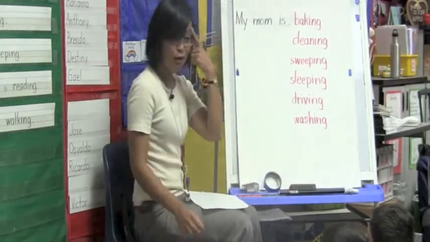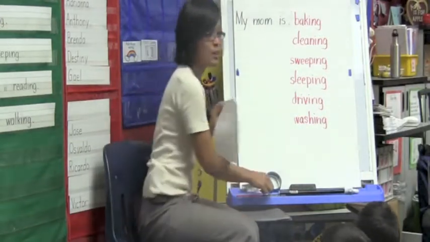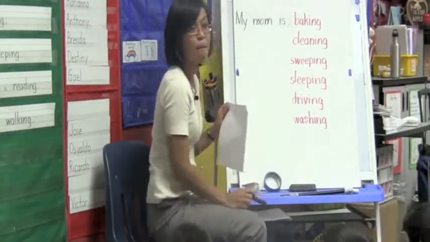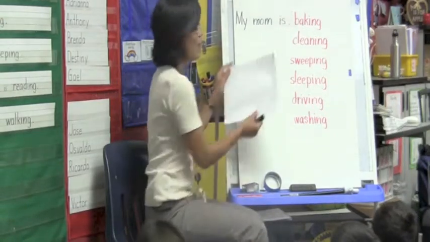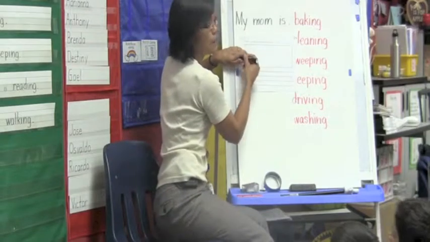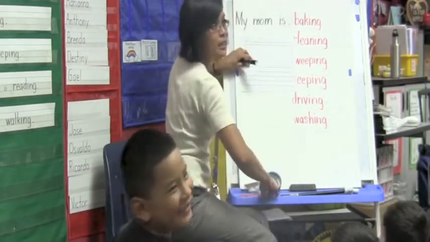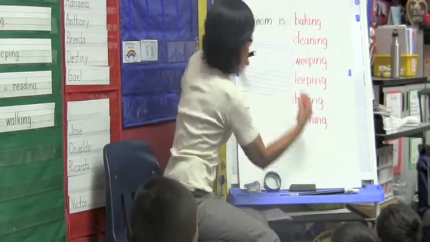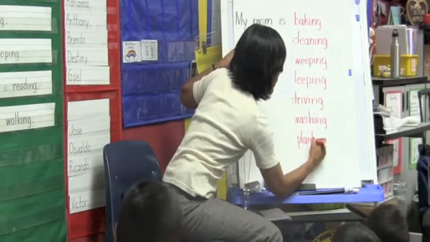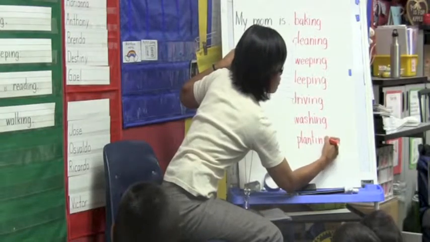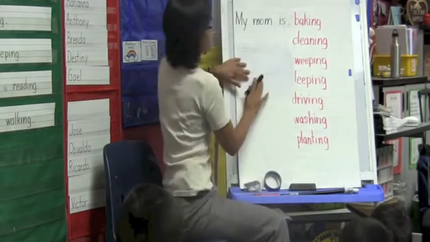Well, today, you know what I'm thinking? I've seen my mother, you know what she likes to do? She likes planting. You guys know what planting is? So watch how I'm going to put here, if you've seen your mom planting, you can add it over here. So I've seen my mom planting. She likes to plant. So watch how I'm going to write about what I've seen my mother doing.